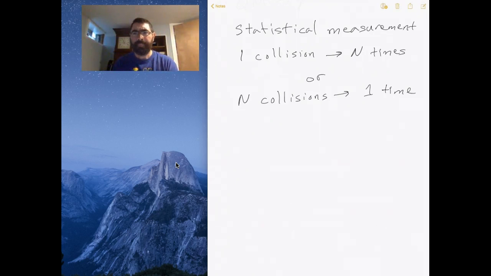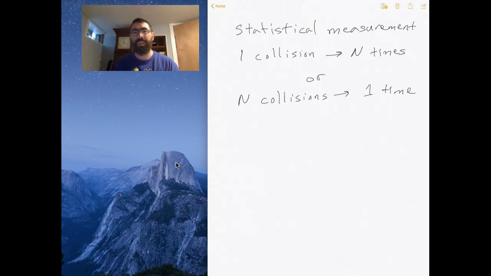It's statistical. And so it's kind of like the example of how do you know that the probability of flipping a coin and getting heads is going to be 50%. Well, I could either take one coin and flip it 100 times, and through those 100 flips, 50 of them should be heads, 50 of them should be tails, and the probability I can state just from that measurement is that there's a 50-50 chance of getting a heads if I flip a coin.